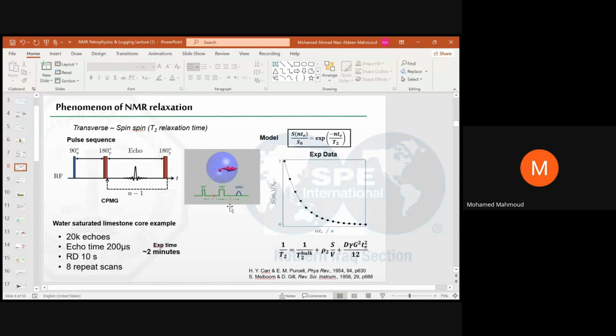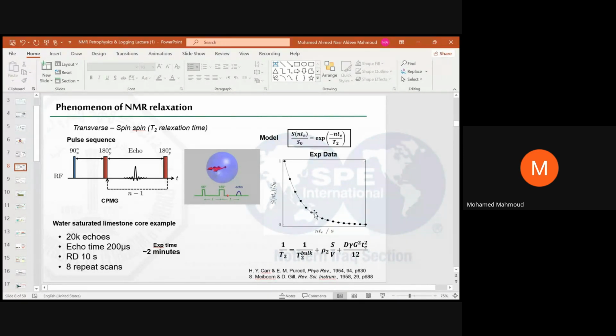So after a specific time, we repeat this process by hitting the magnetic field in the 90-degree direction, and then the 180-degree direction, and then we repeat, what we call the echo spin, which is this time here in this equation, to get a signal that we can measure and interpret.